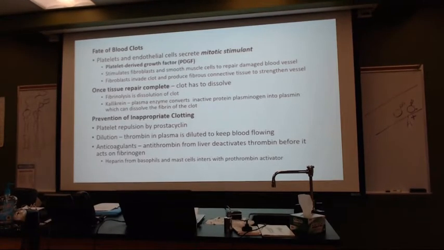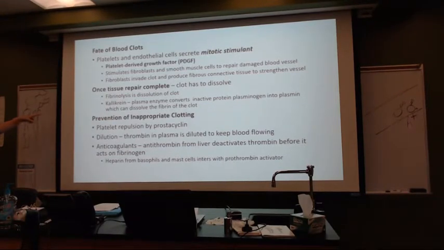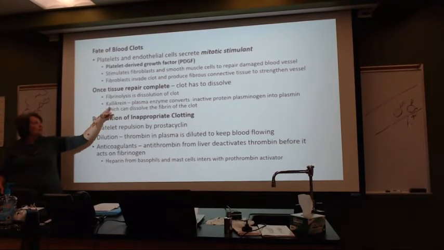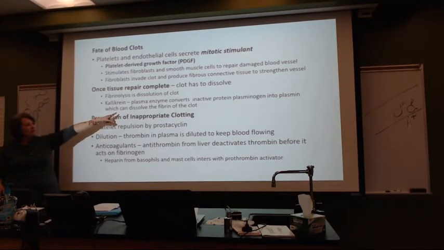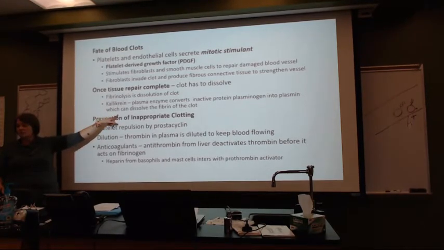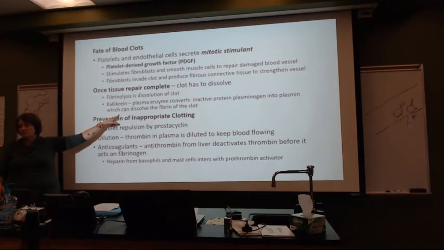Fibroblasts actually invade the clot so that they can go in, start creating fibers, and begin to support the broken vessel. As the clot begins to dissolve, kallikrein, okay, this is important to break down the clot. So this is something else that becomes clinically significant.